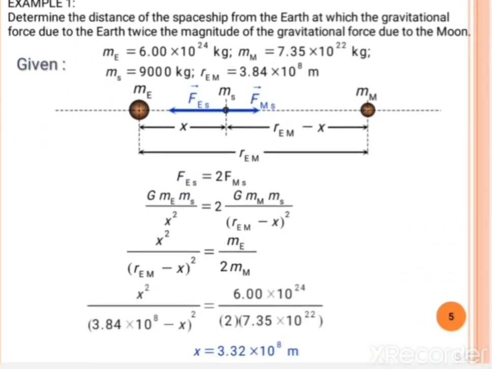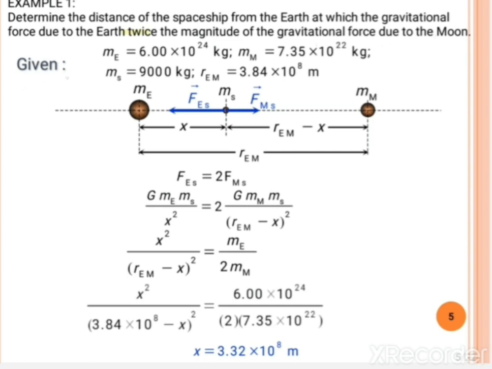We go to example 1. Determine the distance of a spaceship from the Earth at which the gravitational force due to the Earth is twice the magnitude of the gravitational force due to the Moon.